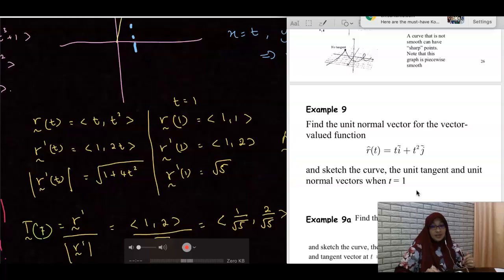That is the thing that I want to show you, because the complete question is they will give you the vector function and ask you to sketch the graph, and ask you to compute the unit normal and unit tangent. From there you can see that N and T are always perpendicular. So that is the complete set of questions in an exam. Normally it is like that. Okay, now I will teach you how to sketch the unit tangent and unit normal, but in the next video.